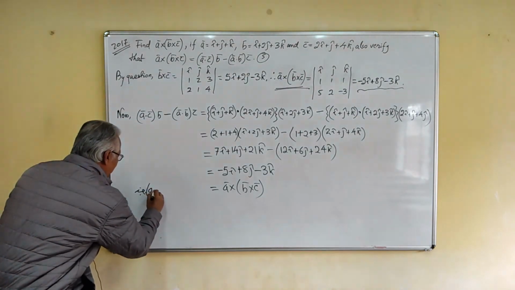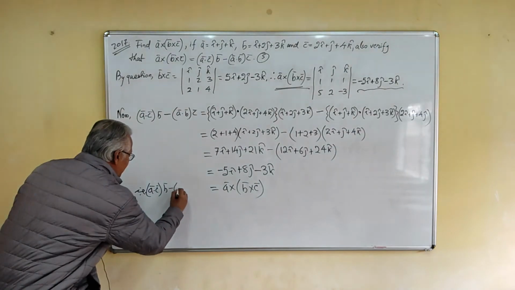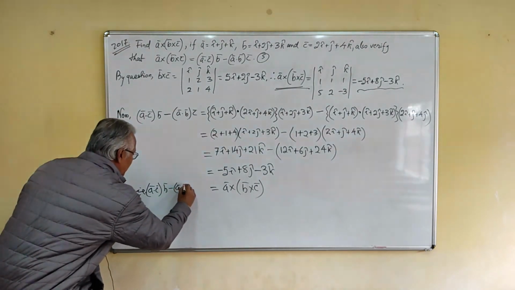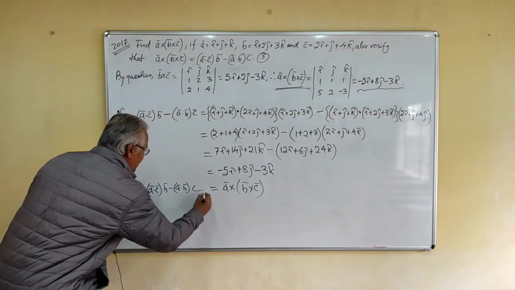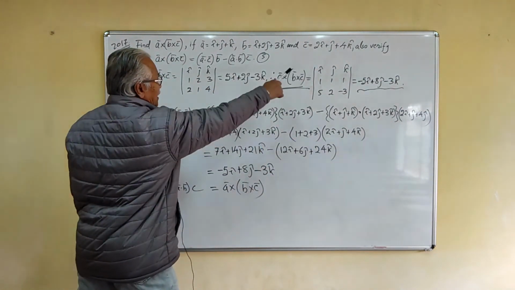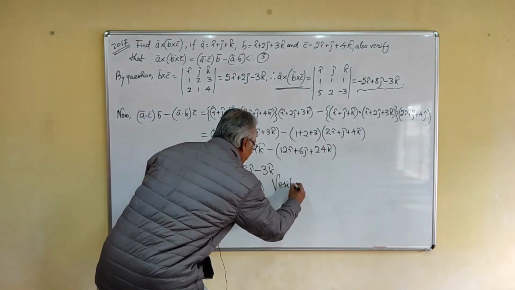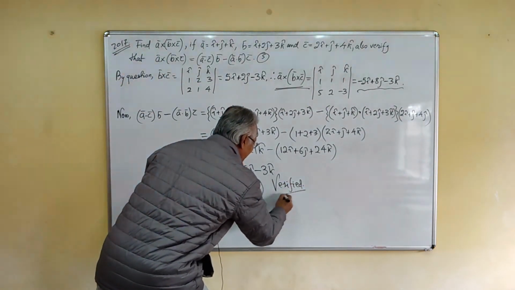A dot C multiplied to B minus A dot B multiplied to C will be equal to that. So you have verified it, right?